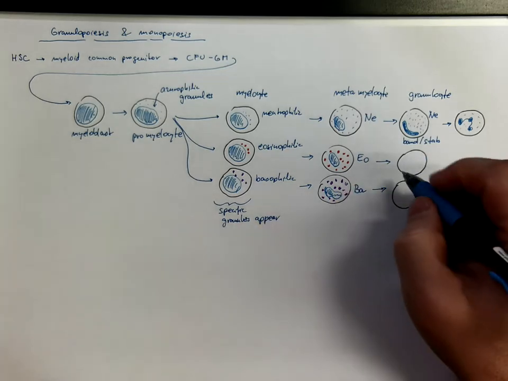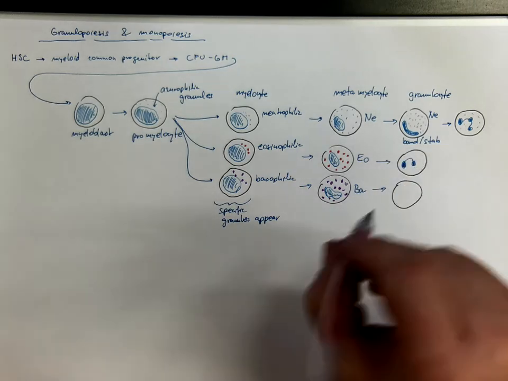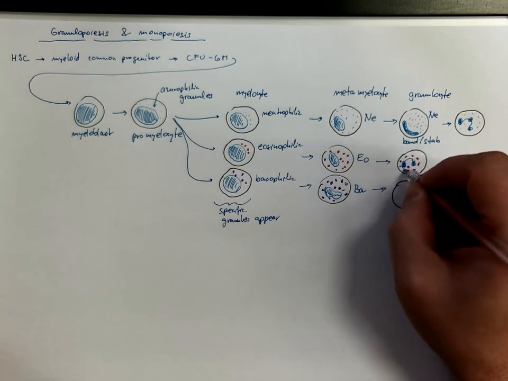And here we go with the eosinophilic granulocyte, which has these 2 nuclear lobes and typical reddish granules.